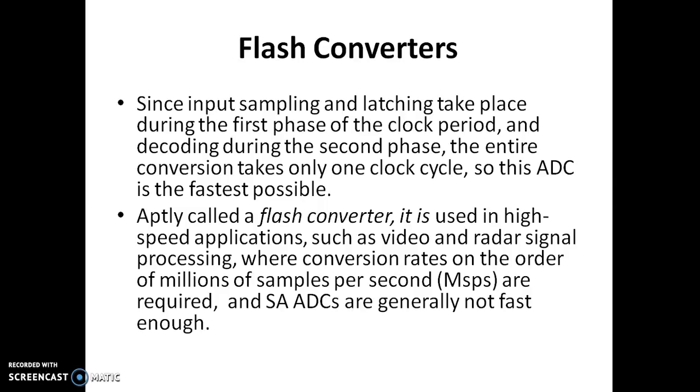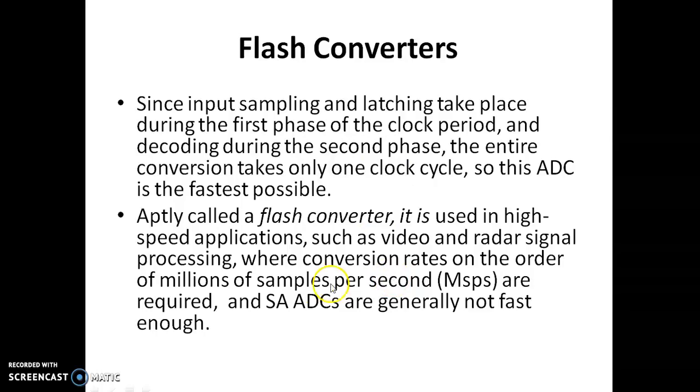Flash converters are used in high speed applications such as video and radar signal processing, where the conversion rate is of the order of millions of samples per second, because when we are tracing enemy targets, the radar signals have to be processed very fast. Since the processing time is very small, we use flash converters.